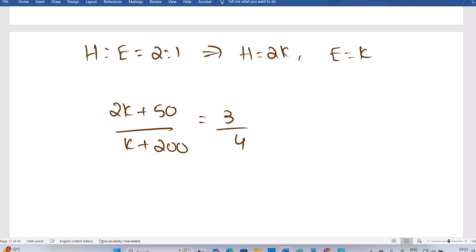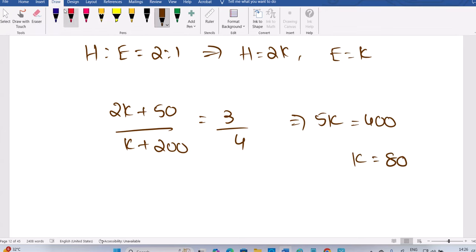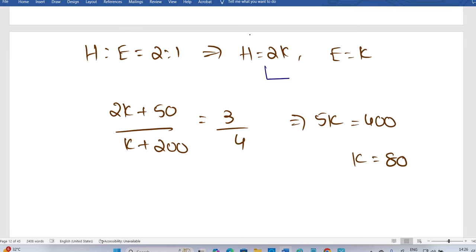Now cross multiplying: 8K plus 200 equals 9K plus 600, wait, 3K, 5K difference, 600, 200, difference is 400. K value is 80. What's the difference between these two now? The difference between high school and elementary school is K, that's the answer.